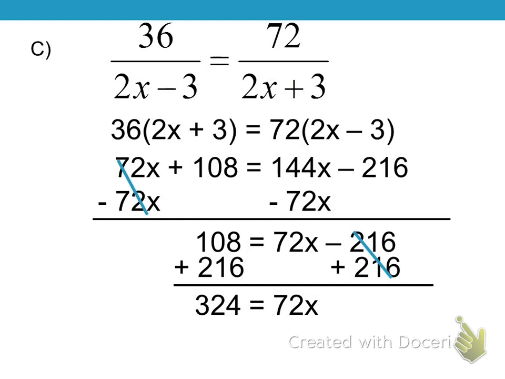Then what? We divide. Divide and divide. Good. What is 324 divided by 72? Yeah, if you type it in, you get 4.5.